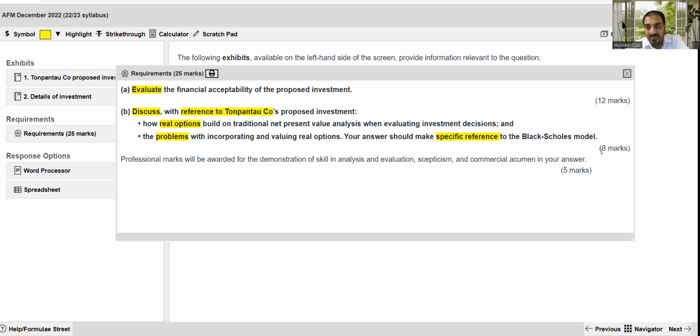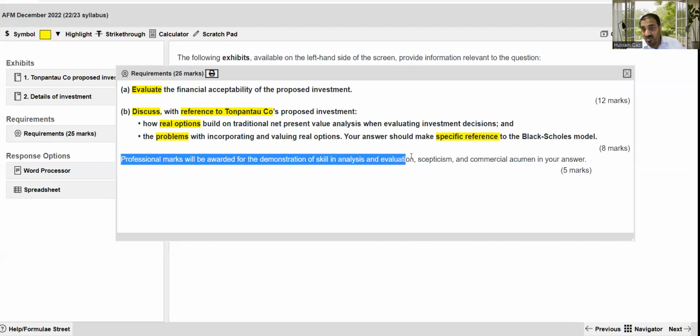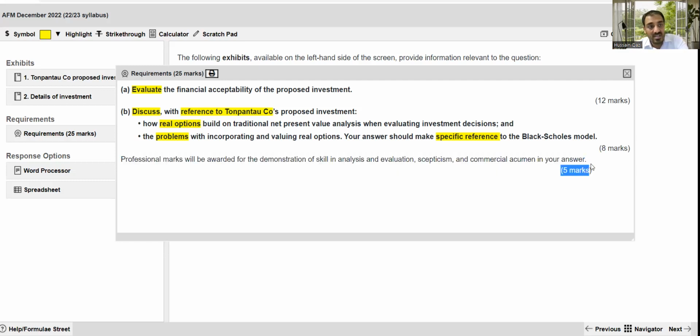This is 8 marks. So A part 12 marks, B part 8 marks, total 20 marks. The professional marks will be awarded for demonstration of skills in analysis, evaluation, skepticism, and commercial acumen in your answer. That's 5 marks.